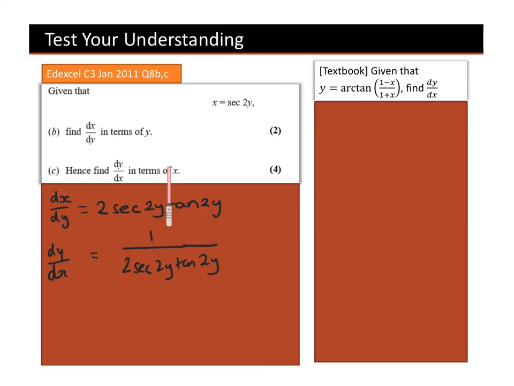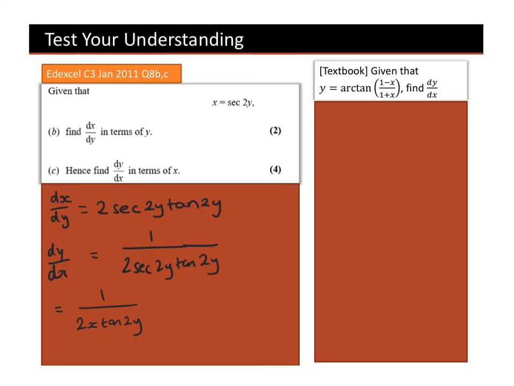Now always refer back to the original question. What does it say x equals? X equals sec 2y. We have sec 2y, so instead of writing sec 2y, we're going to substitute in our value for x because they mean the same thing. So I'm going to get 1 over 2x tan of 2y.